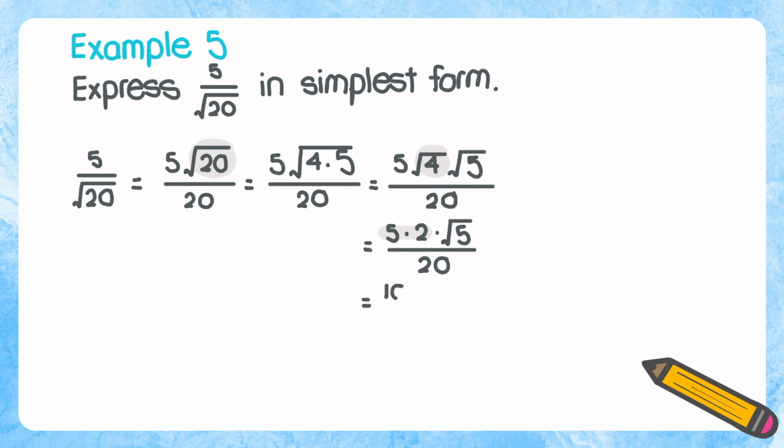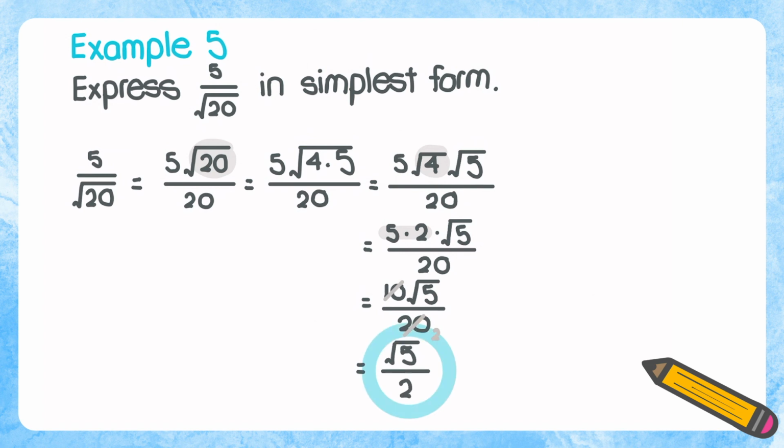So this further simplifies to 10 times the square root of 5 over 20. Let's reduce this by dividing both the numerator and denominator by 10. And I have my final answer, which is the square root of 5 over 2.